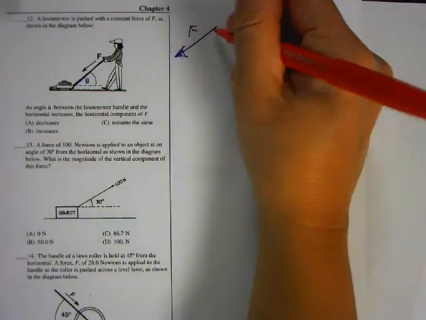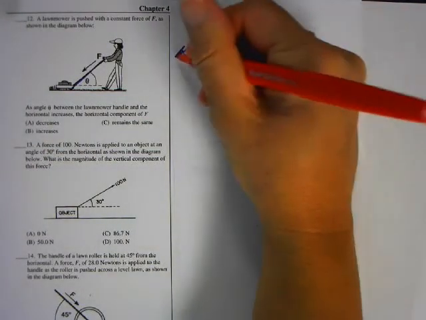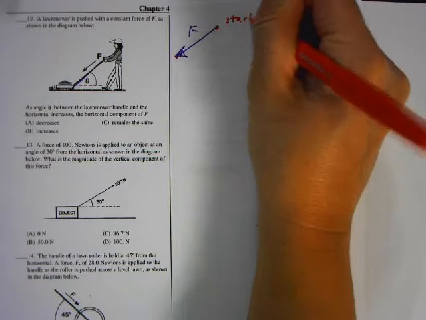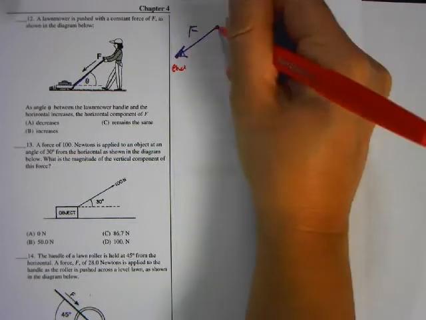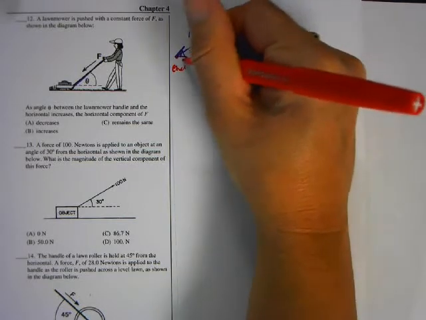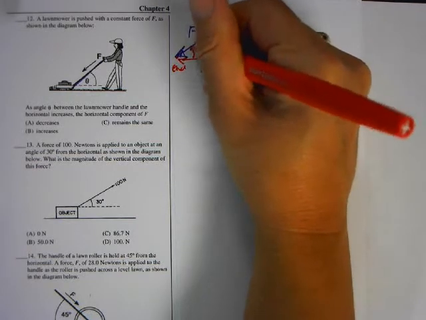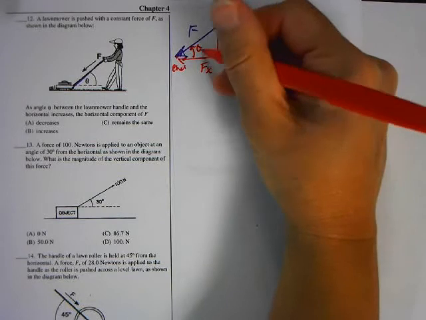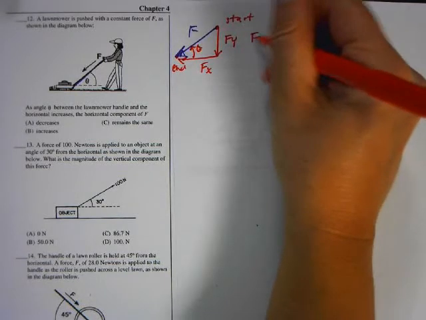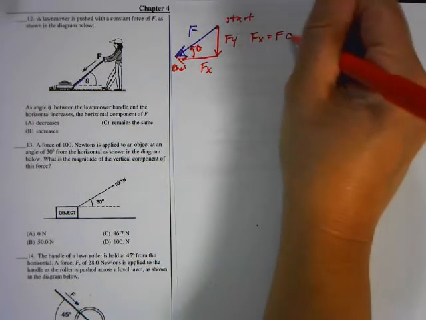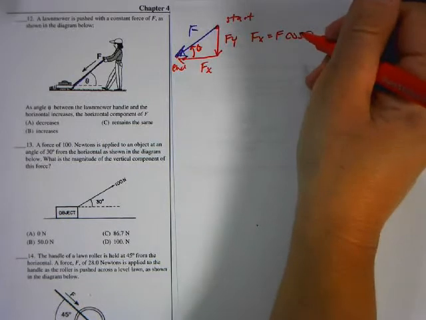My components always have, this is where I start, this is where I end up. My components are perpendicular. So this is going to be Fy, this is Fx, and this is my angle theta. So because this is adjacent to the angle, Fx is equal to F cosine of theta.